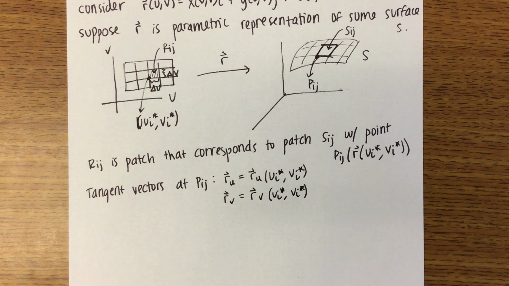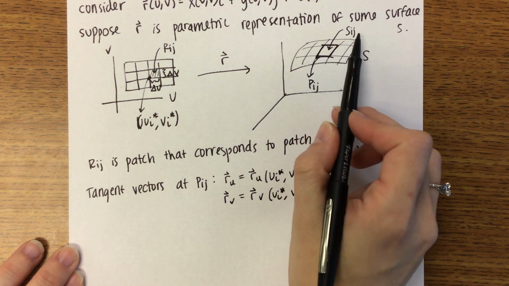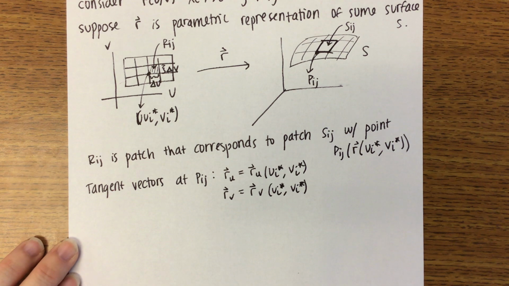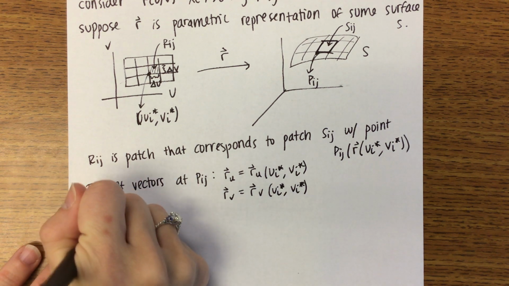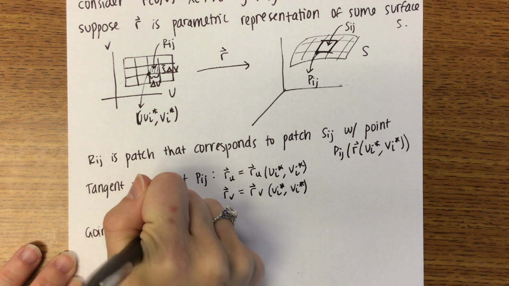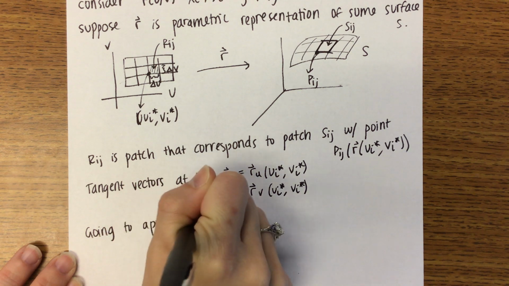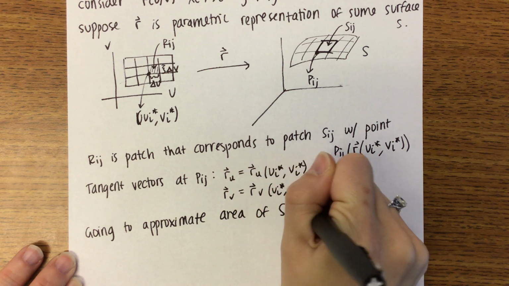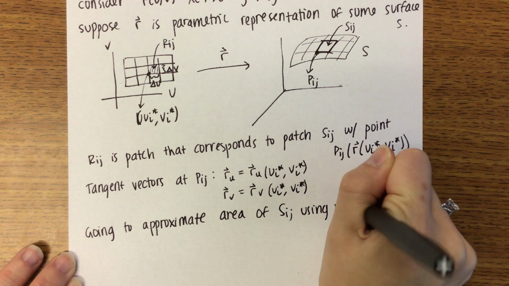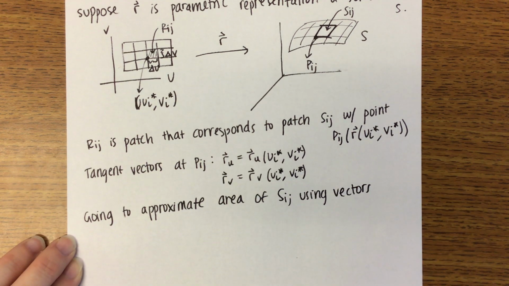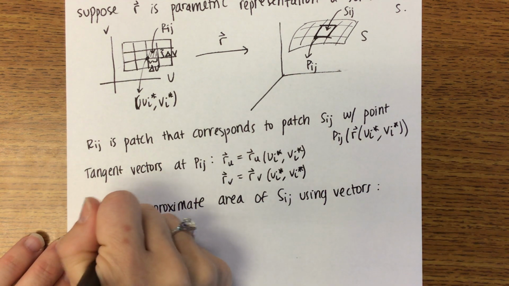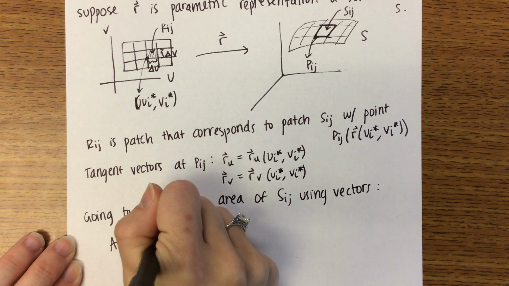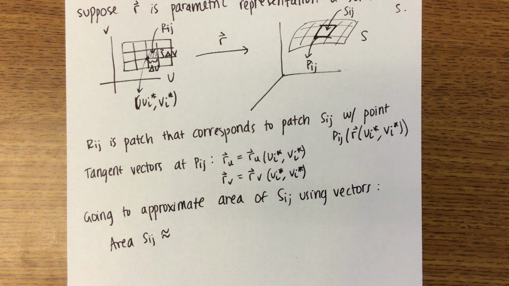So ultimately with surface area, we want to know the area of this little region S_ij. So we're going to approximate it. We are going to approximate the area of S_ij using vectors. So the area of S_ij is approximately equal to, okay, area using vectors, area of like a rectangle or a parallelogram, let's say.